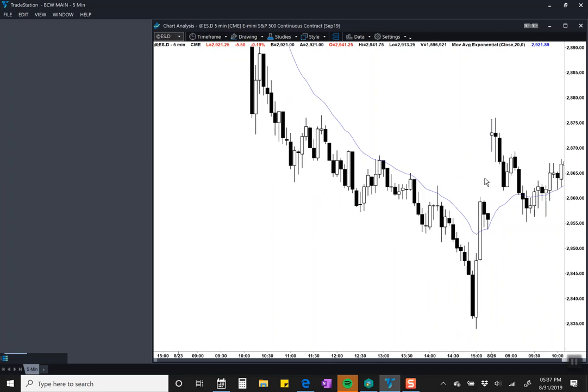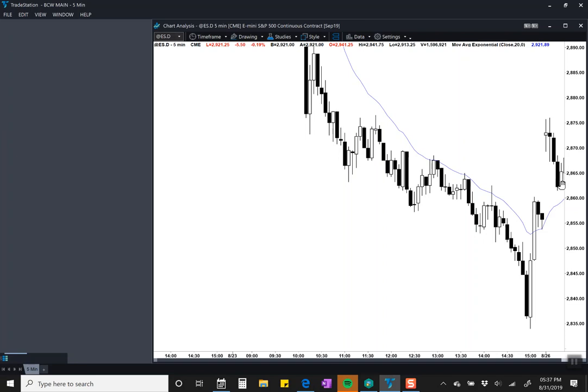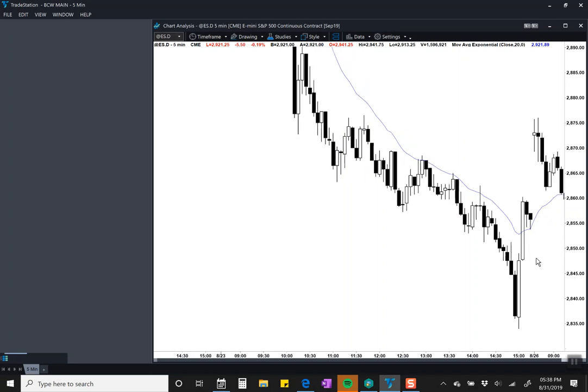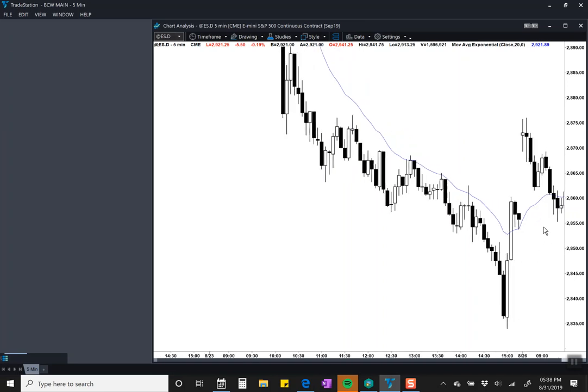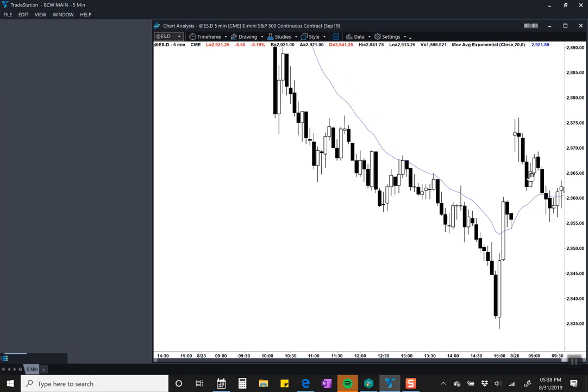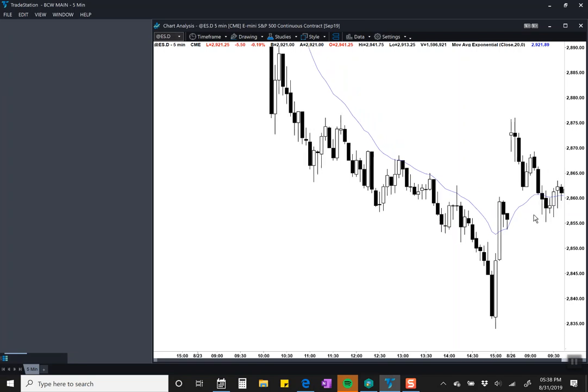So anyways, it's probably a reasonable buy if you use a wide stop and scale in. What's wide, I don't know, somewhere down here. I don't think you have to take that trade. I think a lot of traders, if they did buy, would get out below here, which is why you see this. A lot of bears that got out above will re-enter here, which is why you see that entry bar.